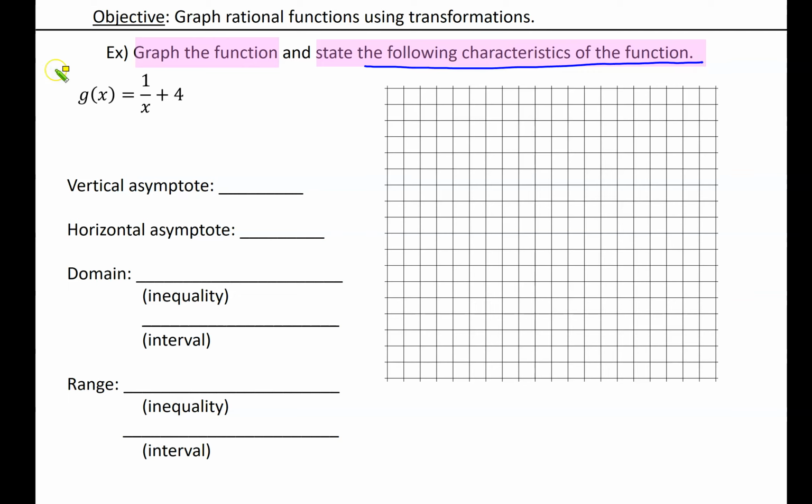So let's take a look at our function here, g of x. We know this is a rational function, and knowing it's a rational function gives us an idea of some of its characteristics, such as a vertical asymptote, a horizontal asymptote, and two pieces, one on each side of each of the asymptotes.